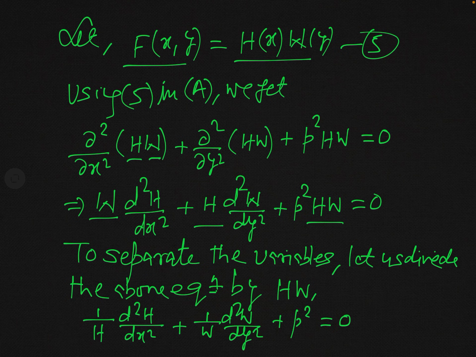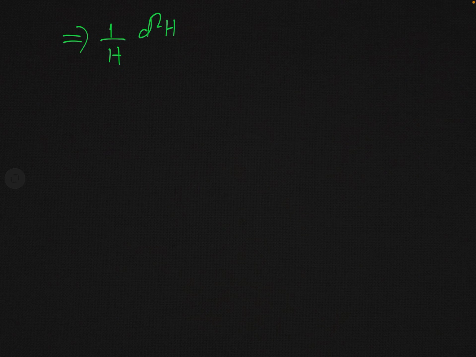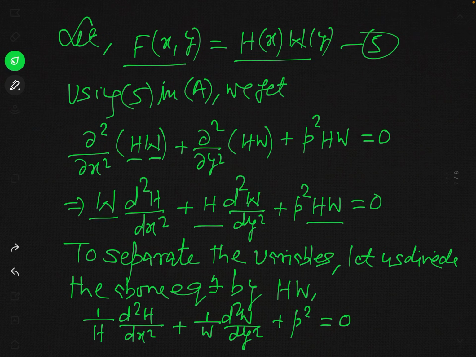Now let us simplify this equation to some extent. You can see from here that 1 over h d2h by dx square is equal to minus, let us take these two terms to the RHS.